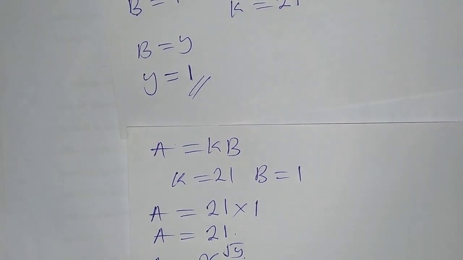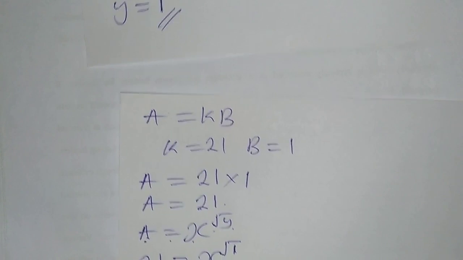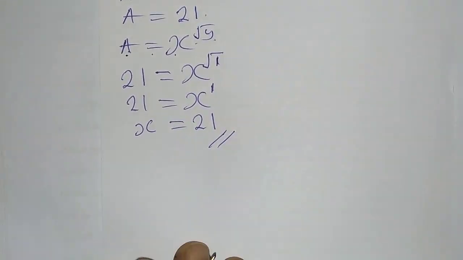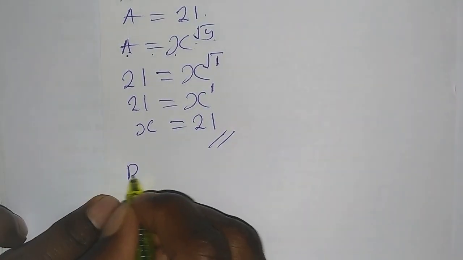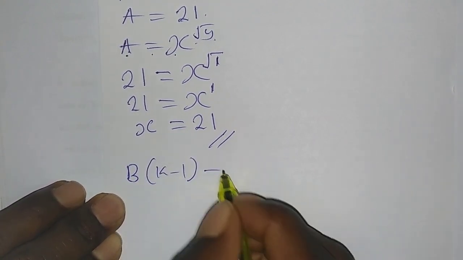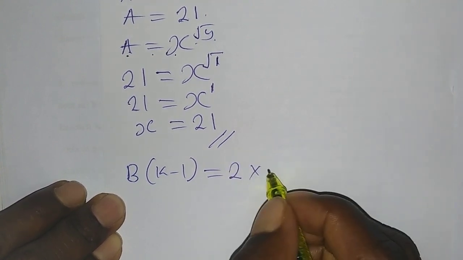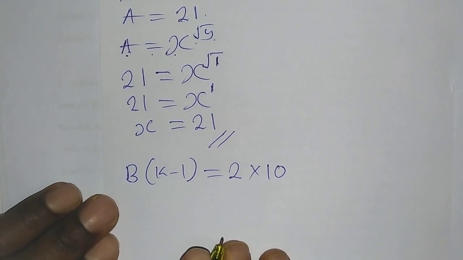Then we move to the next factors, which is 2 multiplied by 10. Now, we have b into k minus 1 equal to 2 multiplied by 10.